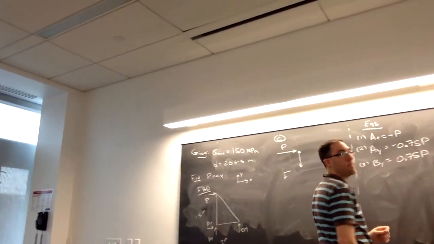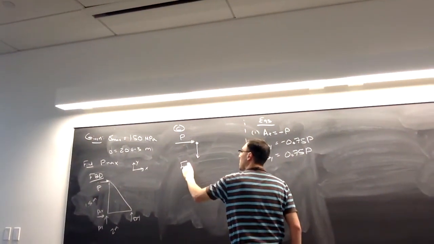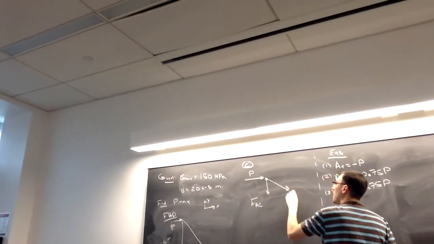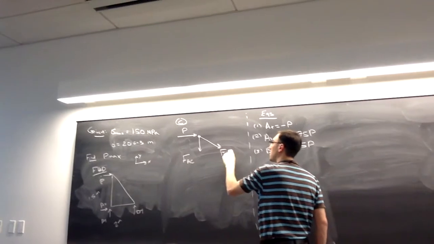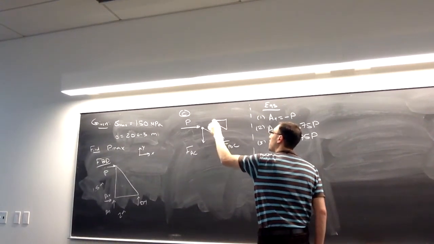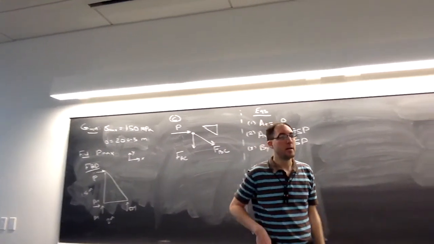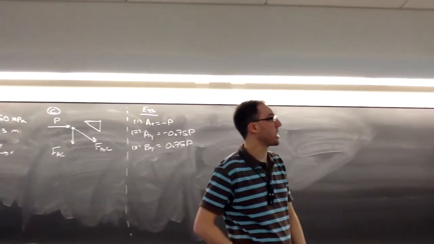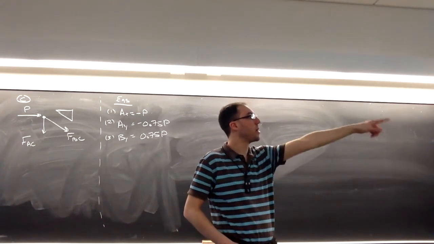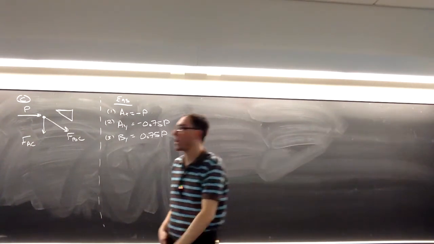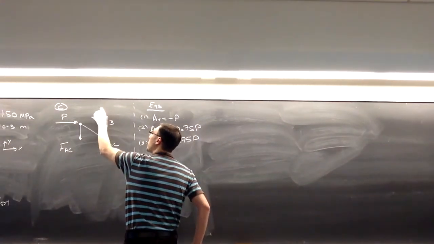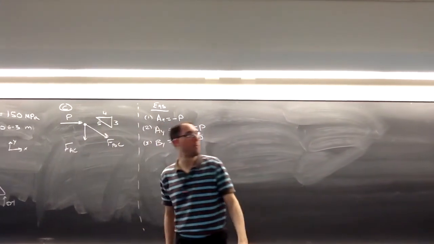I'll have the force in member AC. And I'll have the force in member BC. And this is Hibbeler, so they love to use 3, 4, 5 triangles. We see that this is a 3, 4, 5 triangle. So it's 3 high, 4 long, and the hypotenuse is 5.